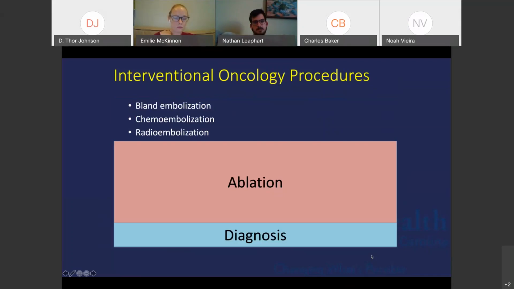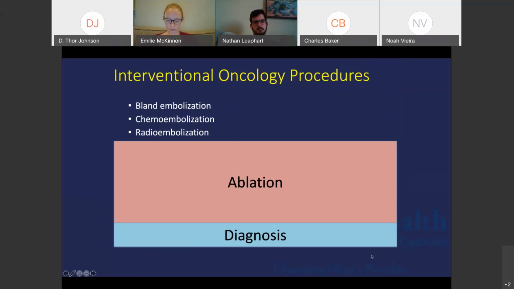And when you talk about embolization, you're talking about bland embolization, chemoembolization, and radioembolization, which you do in different circumstances, sometimes in order to directly treat the tumor, sometimes to allow the tumor to be treated. For instance, next Monday, I'm doing a procedure where I'm embolizing a spine met from renal cell carcinoma, because those are incredibly vascular tumors, in order to allow the surgeon to safely resect the tumor after I embolize it.